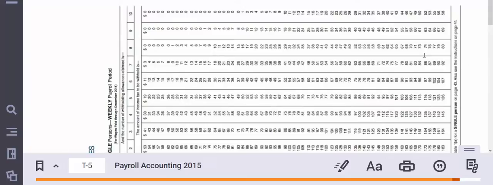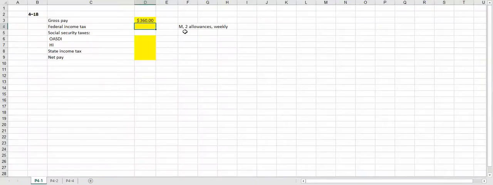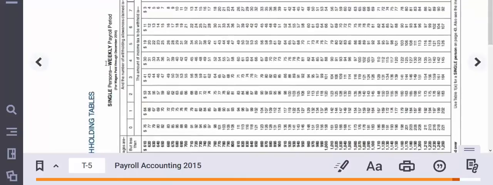The tables, again, they're going to start at page T5. And so we know he is married, 2 allowances, and he's paid weekly. If you look at the book, I would highly recommend printing these pages out since you are going to need them throughout the rest of the assignments. We're going to do weekly, which says weekly right here. But it also says single, and we're looking for married weekly. So we're going to go to the next page.